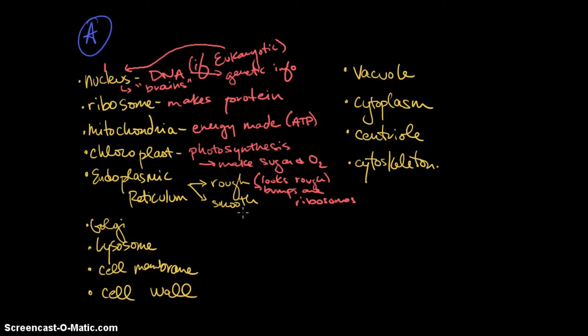At the smooth endoplasmic reticulum, lipids are made. Now, you may not know what lipids are, but if we use the words fat and phospholipids, you might be reminded of some things, and we'll talk more about those later in the year.